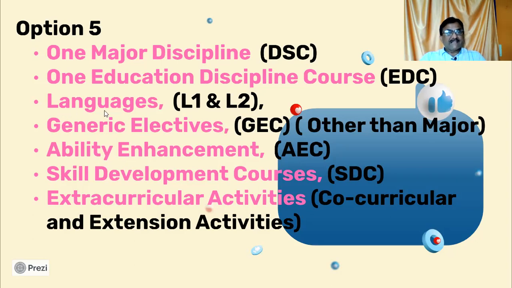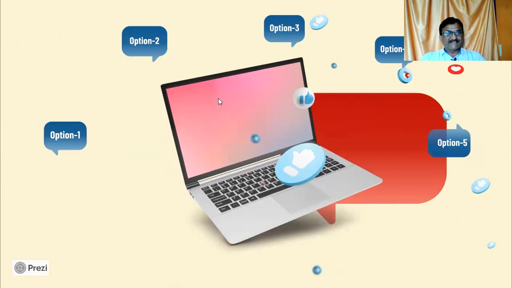Then languages L1 and L2, general electives GEC other than the major, ability enhancement course, skill development courses, and extracurricular activities courses will all be the same. Only the focus point in option number 5 will be the education discipline related courses, and the rest of the subjects will be the same.